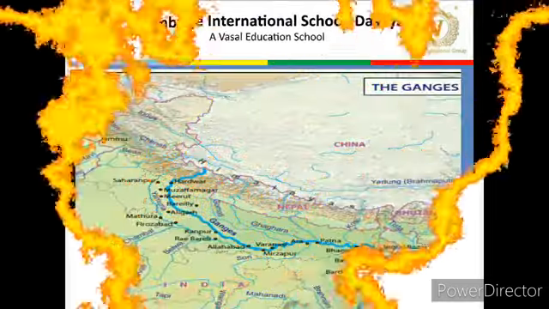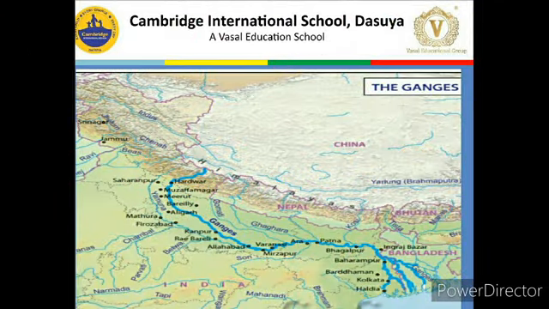If we talk about the Ganga river system, then we all know the headwaters of the Ganga, called the Bhagirathi, is fed by the Gangotri glacier and joined by the Alaknanda at Devprayag in Uttarakhand. At Haridwar, the Ganga emerges from the mountains onto the plains.